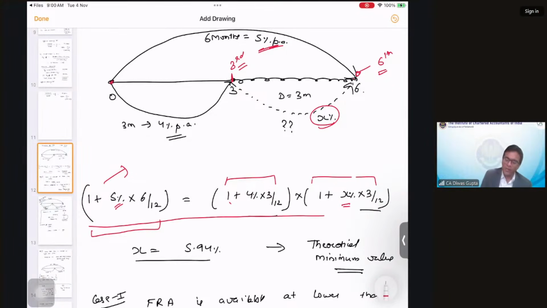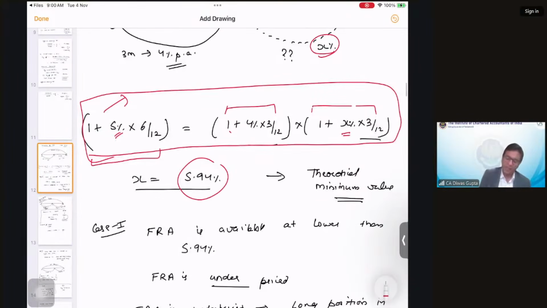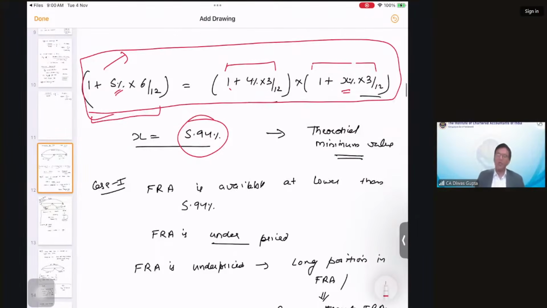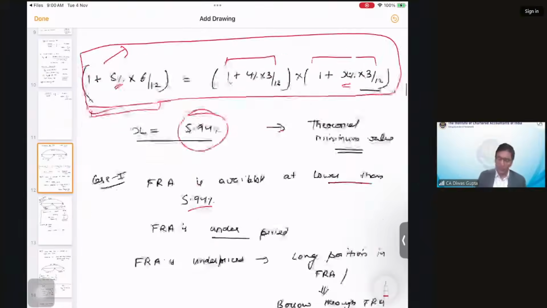If we solve this equation, we will get the theoretical minimum value of X, that is the forward rate agreement for 3 by 6. Because the 6 months rate is this much, the 3 months rate is this much, the balance 3 months rate is this much, which is 5.94.